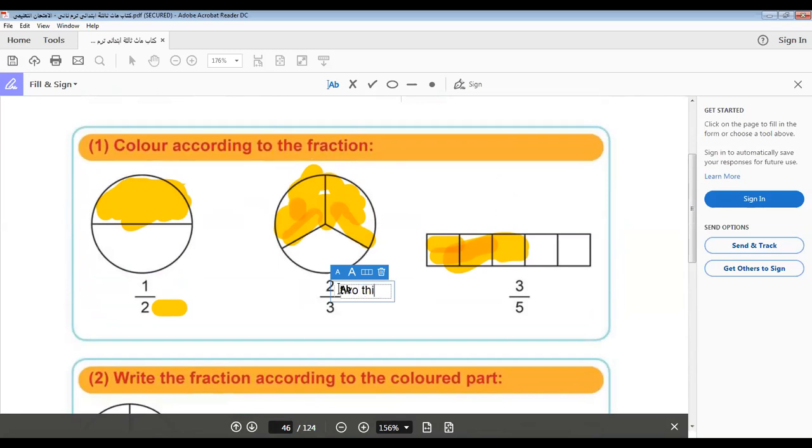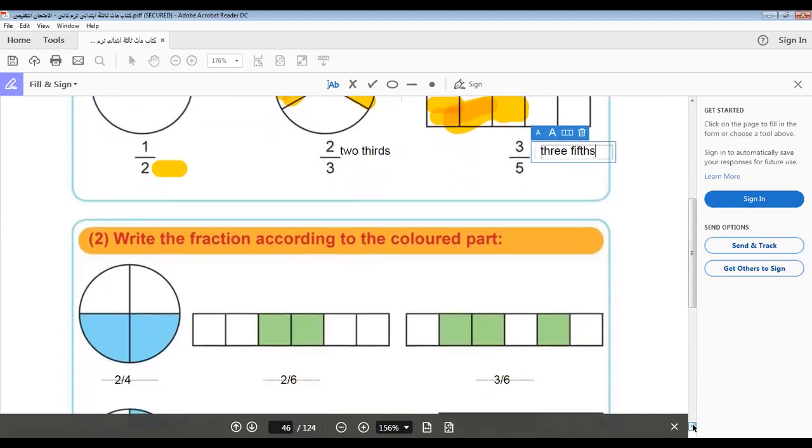So you have to color two parts out of three. Third one, you have to color three parts out of five, and it is read as 3/5.